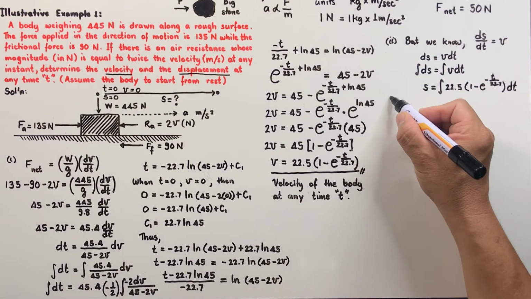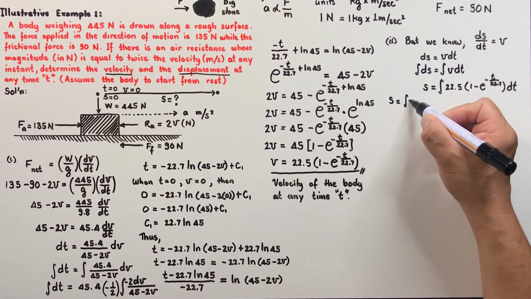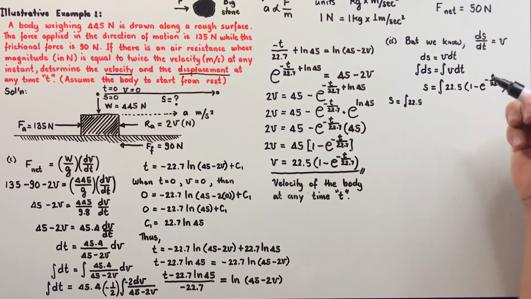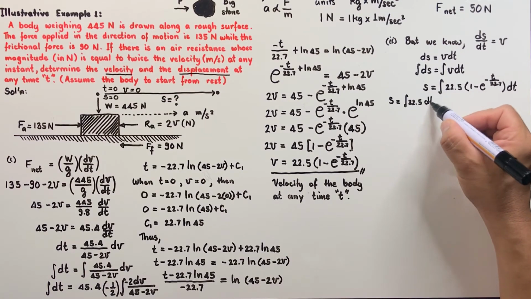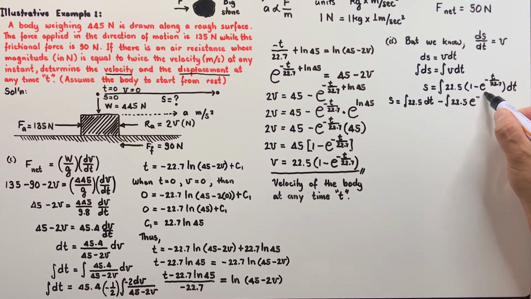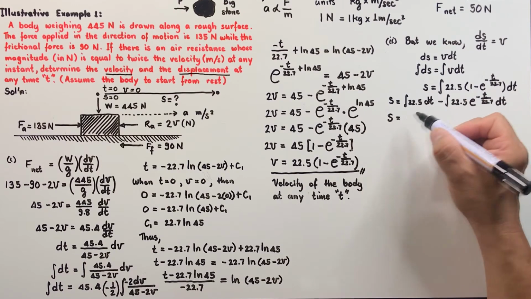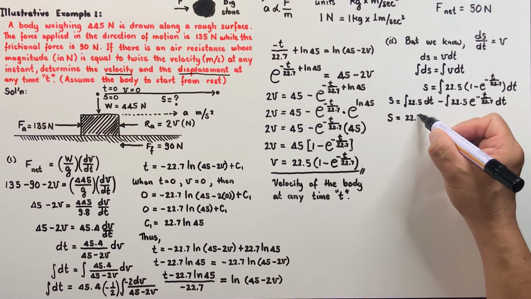So our s here is equal to the integral of 22.5 dt minus the integral of 22.5 times e to the power of negative t over 22.7 dt. And we can factor out the constant outside the integral symbol.